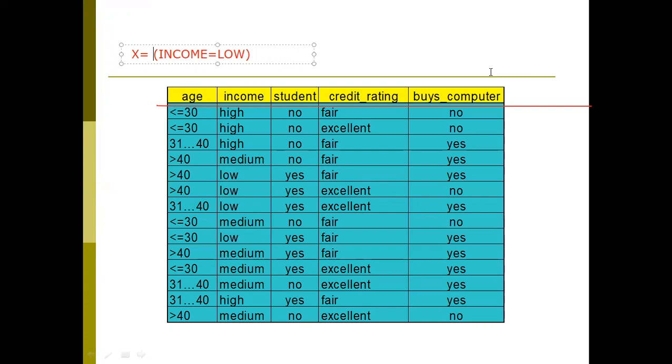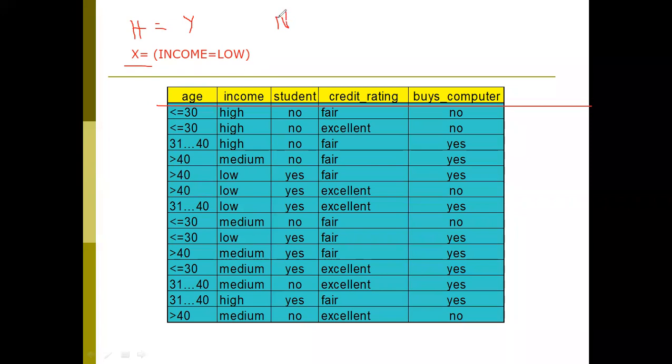Suppose I want to, okay, here this is the attribute X. Assume that, what is H? H is equal to either yes or no. Right?